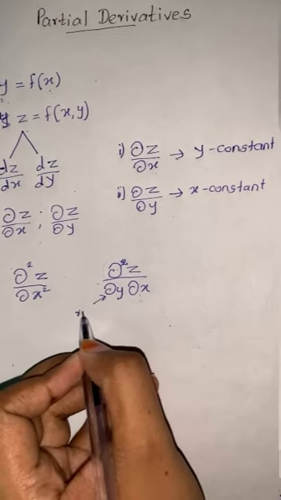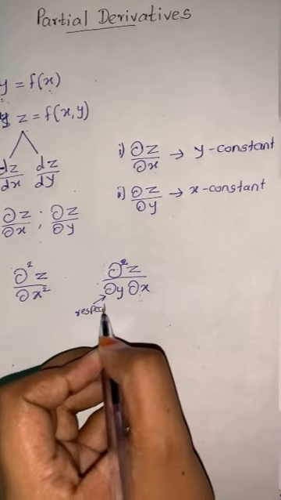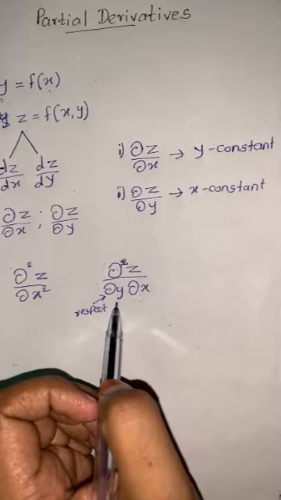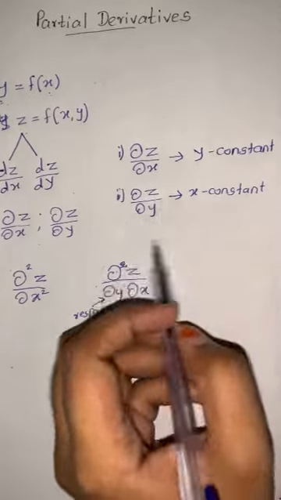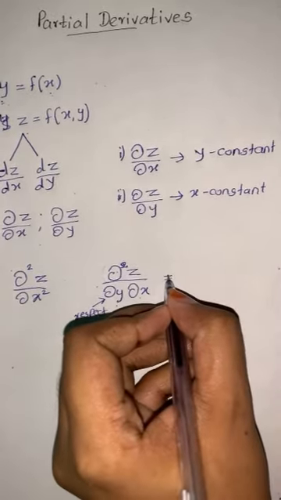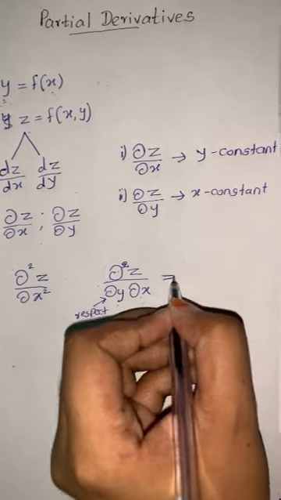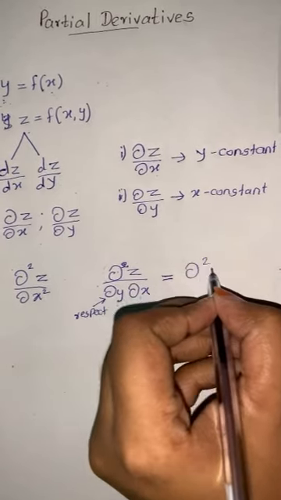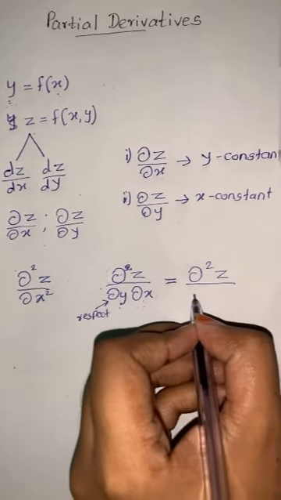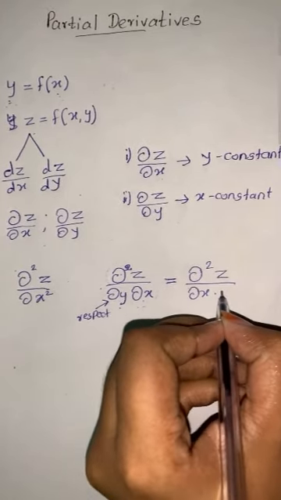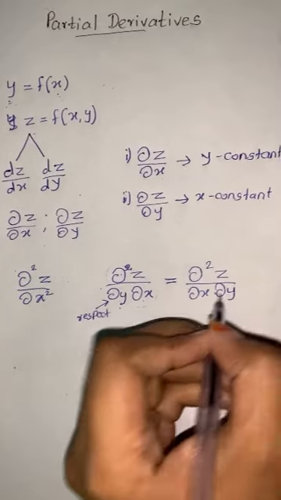So you have to do this with respect to y, and in the same way we can differentiate this one also. So these both will be the same at the end.